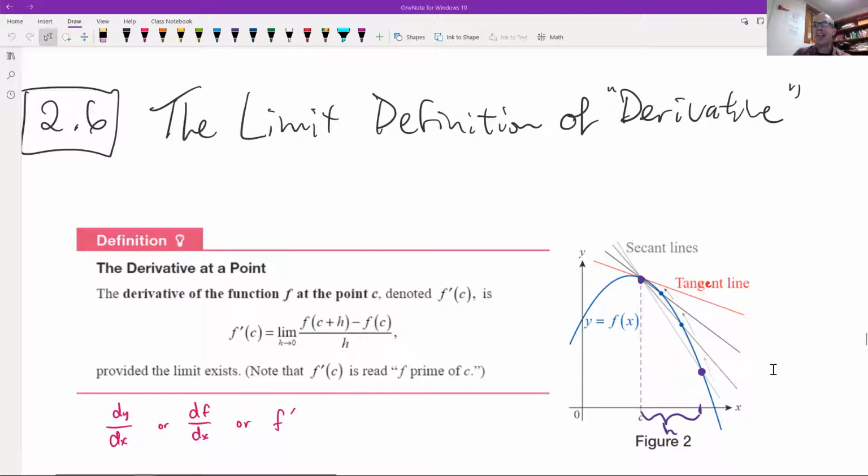We have labeled this distance h in the past. You might also want to get used to referring to this as delta x, because it's a change in x values. But really, that's just the distance between the 2 points that we're using to create the secant line.